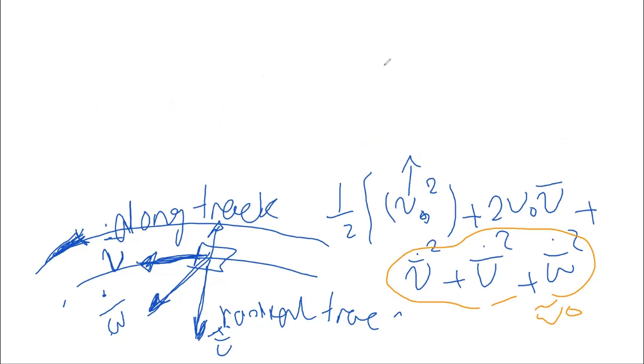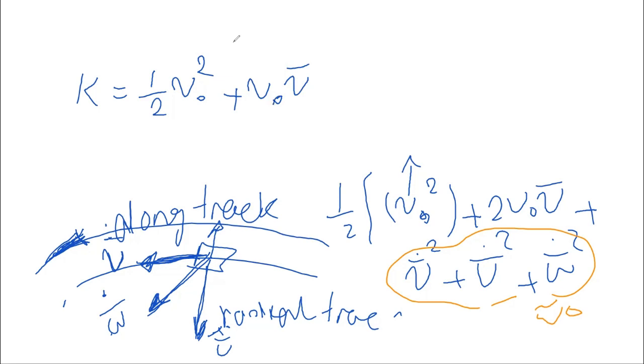Let me write the kinetic energy by K. Therefore, I can write one over two, the average velocity of the satellite to the power 2, plus V0 V bar, as the 2 by 2 is simplified.